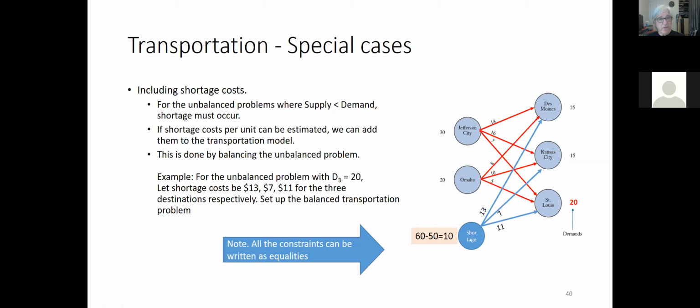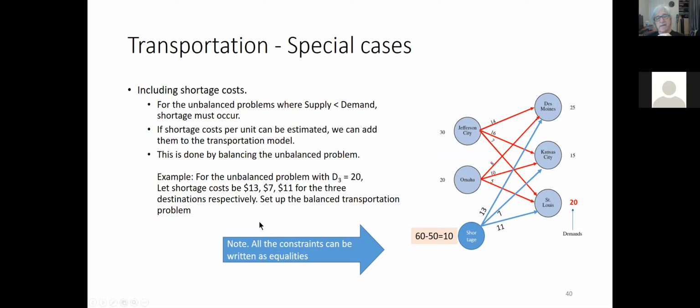So we are creating a shortage here. Now, in this case, I'm adding information to what we had before: the shortage cost can be evaluated. In different cities, when there is shortage, the market responds by penalizing you, the supplier, differently.